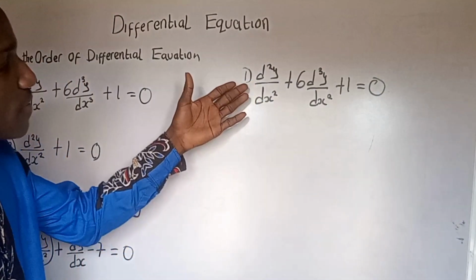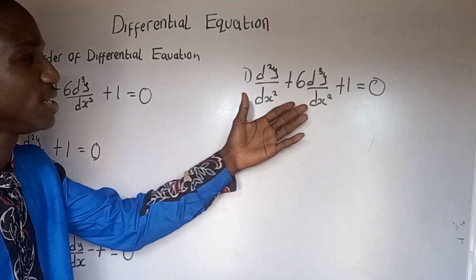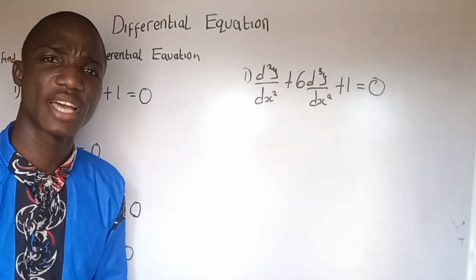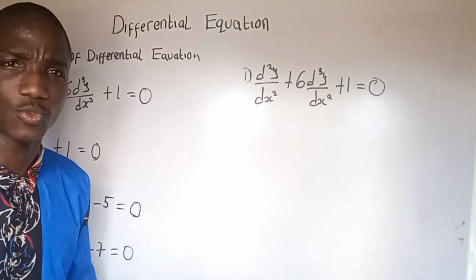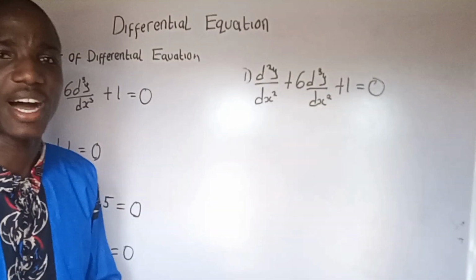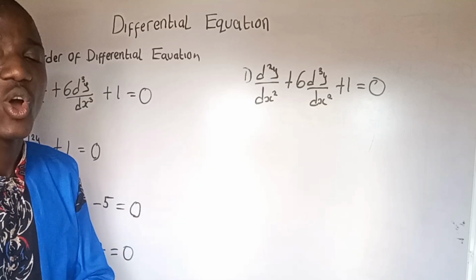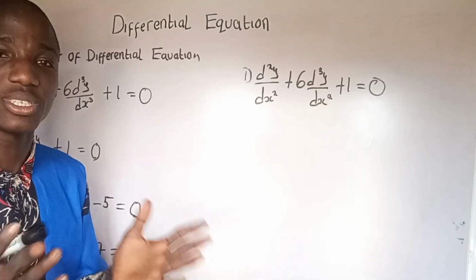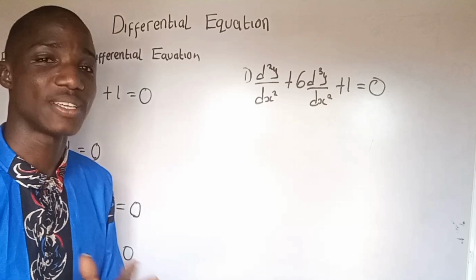Now, let us find the order of this differential equation. Don't forget the definition of the order of a differential equation. The order of a differential equation refers to the order of the highest derivative of the dependent variable with respect to the independent variable.